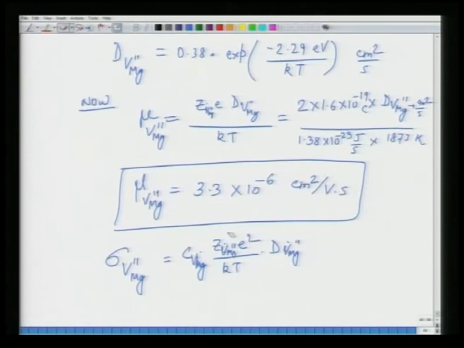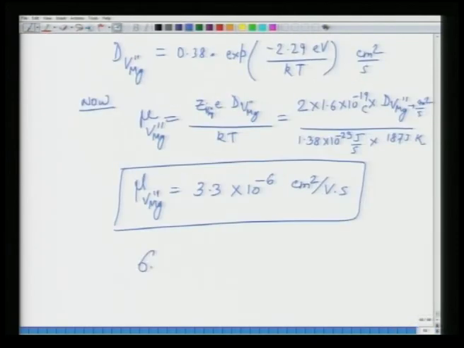So, now if I put the values in, sigma_Vmg can be calculated as Cvmg multiplied by Zvmg multiplied by e into mu_Vmg. And Cvmg is nothing but your defect concentration, and Zvmg is equal to 2.